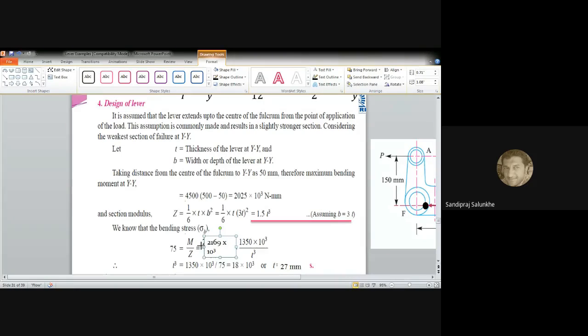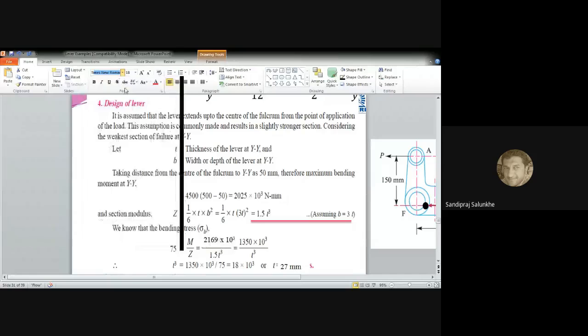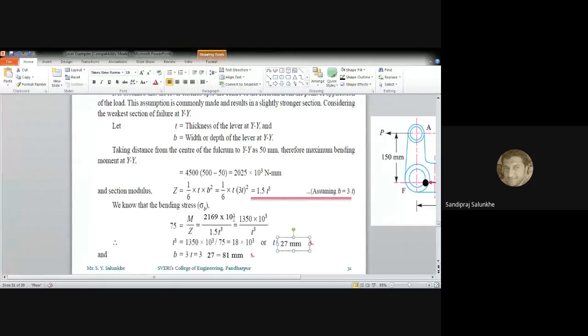M by Z is equal to this value, divided by 1.5 into T cube. What value of T are you getting now? 26.8. The value of T you are getting as 26.8 and we can approximate it to 27. बरोबर आहे? Yes, sir. ठीक आहे, आपल्याला 27 मिळाले आणि बी पण तेवढं मिळालं.